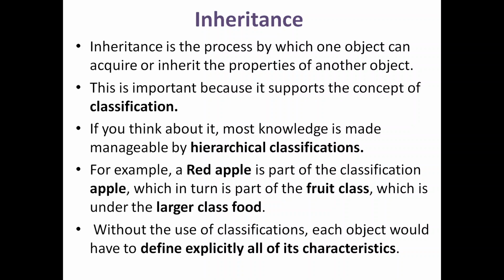For example, if you take a person, that person is either male or female, and similarly can be classified as an aged person or a young person, a student or employee. In this way we tend to classify everything, and inheritance is essentially a way of classifying class objects, and it's very helpful to simplify and also for reusability.